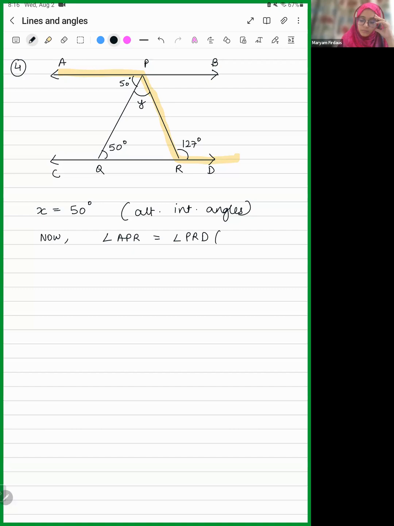Angle PRD is 50 plus Y, exactly. So angle APR is 50 plus Y, which is equal to 127 degrees. Y is what? 127 minus 50. And that is? 77.